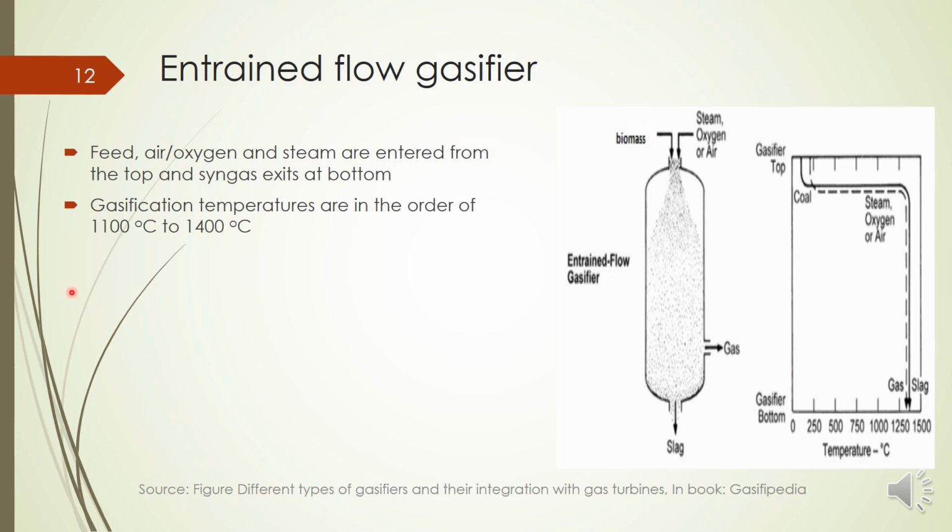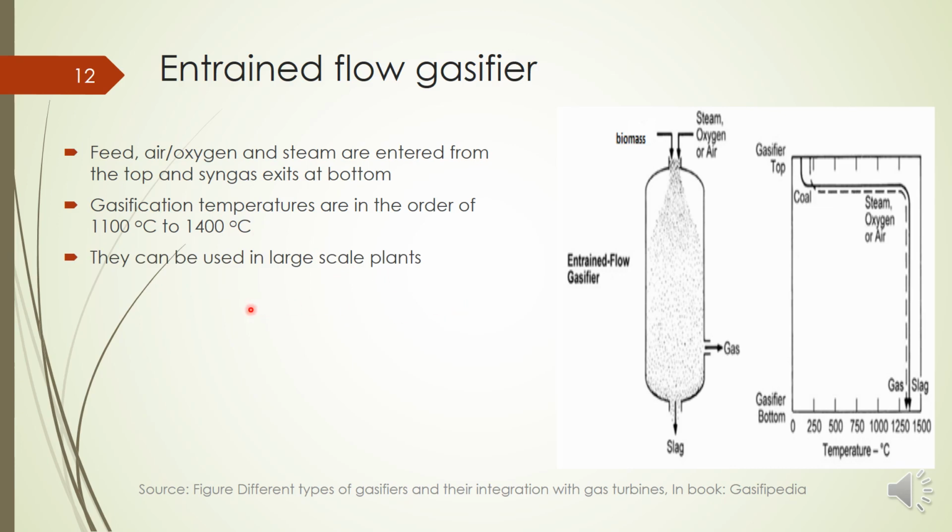And another thing is, here we are using a higher gasification temperature, around 1100 to 1400. Compared to fluidized bed, this is a very high temperature, because in fluidized bed it will be around 600 to 900 degrees Celsius.